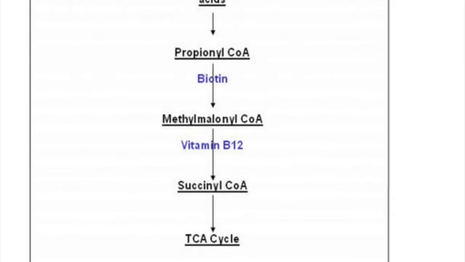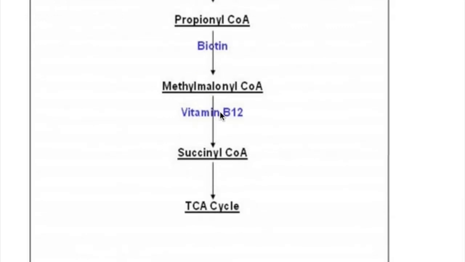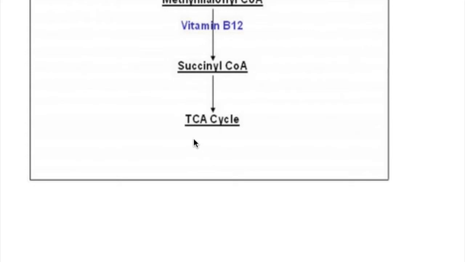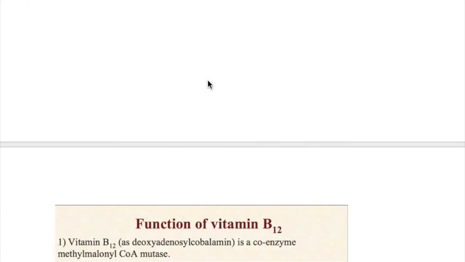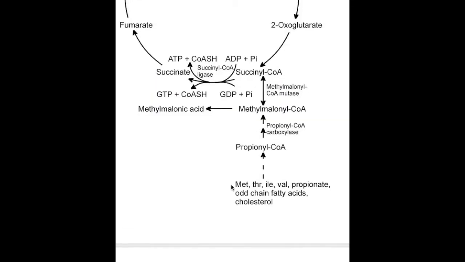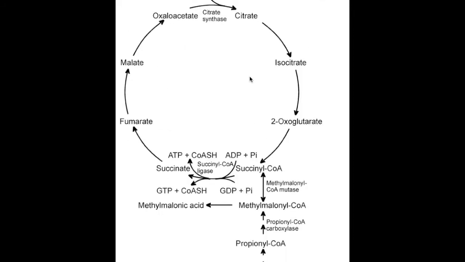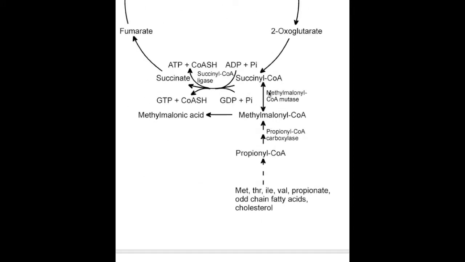Valine, isoleucine, methionine, threonine, and odd chain fatty acids are converted to propionyl-CoA, and then biotin is required for the conversion of propionyl-CoA to methylmalonyl-CoA, and that requires B12 for conversion to succinyl-CoA to join the TCA cycle. A deficiency leads to excess methylmalonyl-CoA that leads to methylmalonic aciduria.